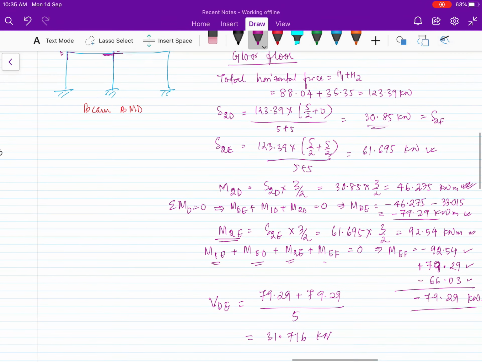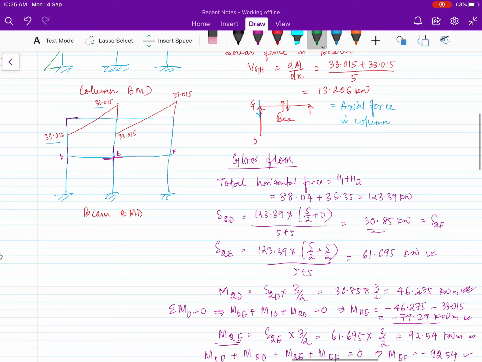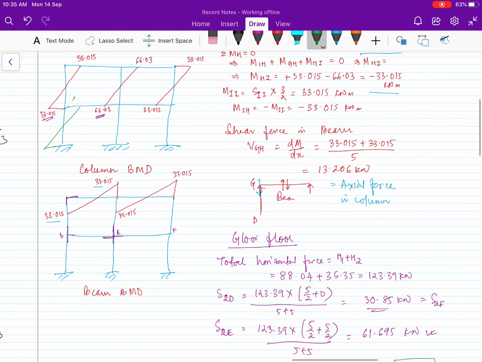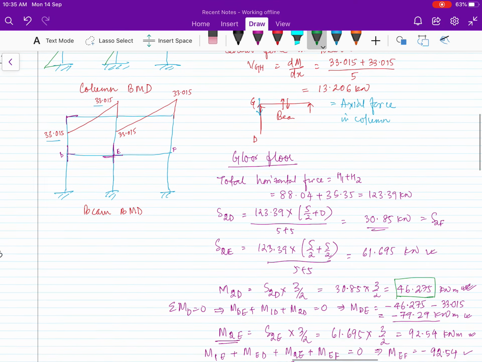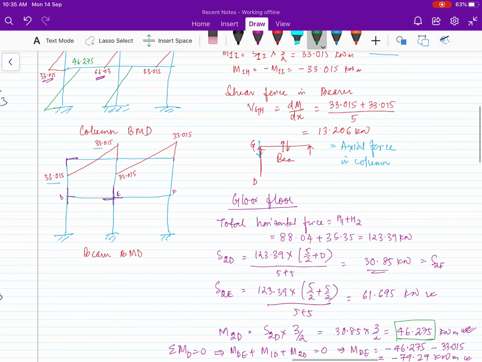So coming to this bending moment diagram, for the below column we got 2D, this one, 46.275. Okay, then this is 2E, 92.54.